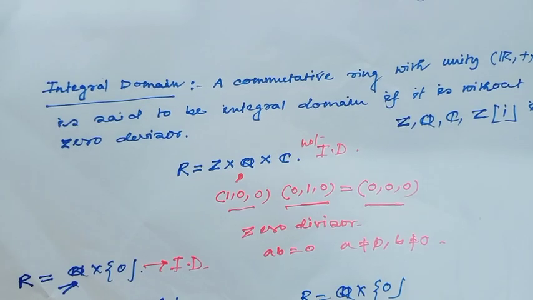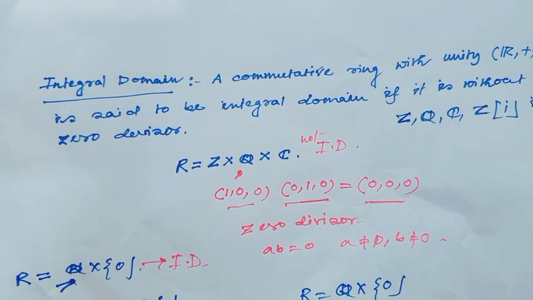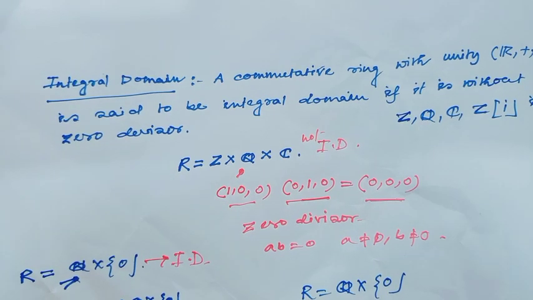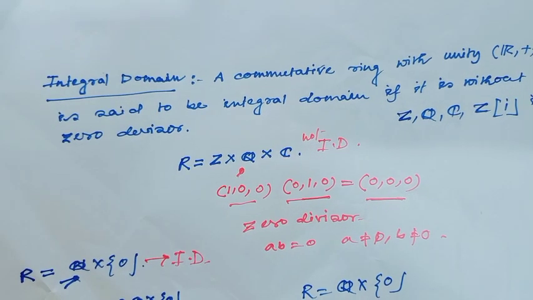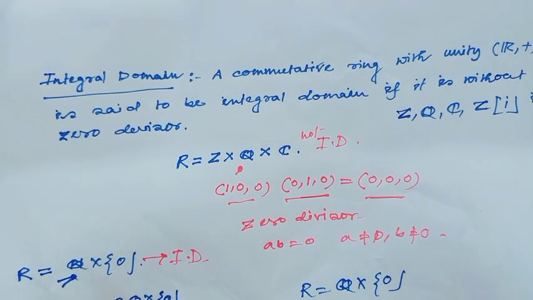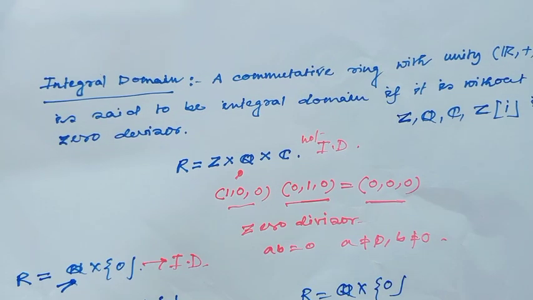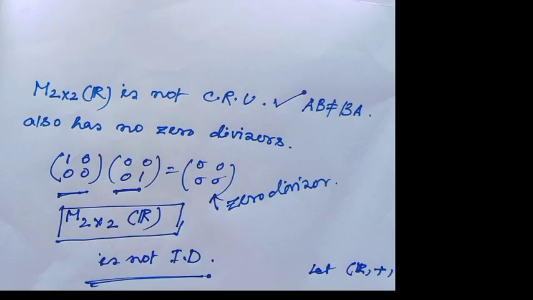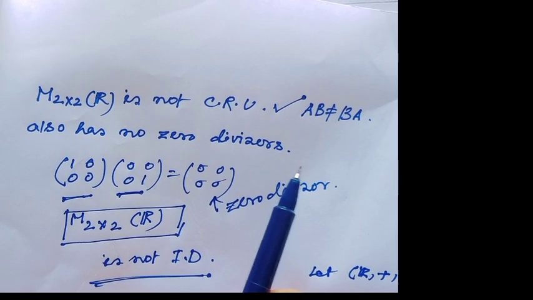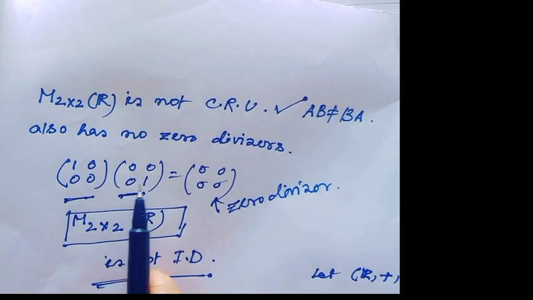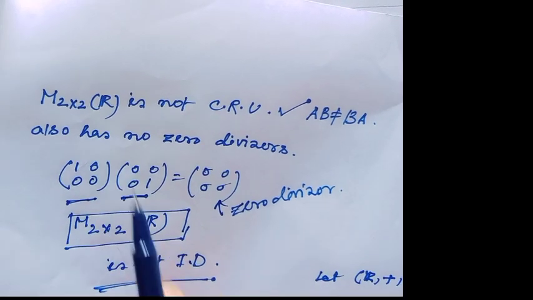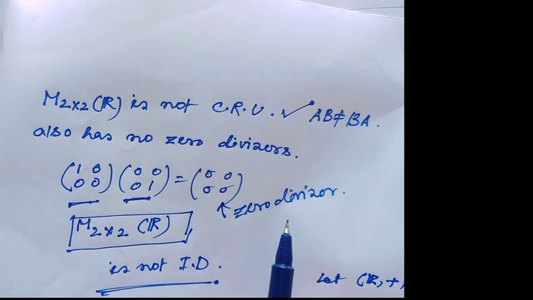By the definition of integral domain, at first we have to check the ring is a commutative ring with unity. Then it is an integral domain if it does not contain zero divisors. Also, this ring has zero divisors. As for example, consider these two matrices which belong to this ring, but their product is 0.